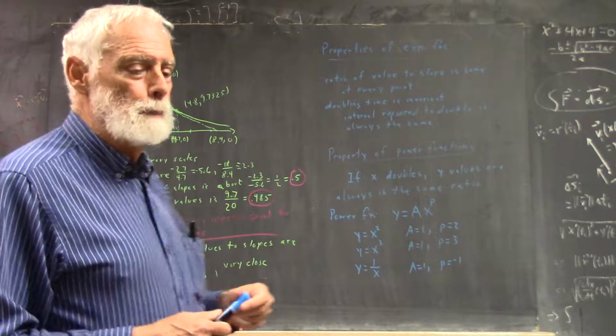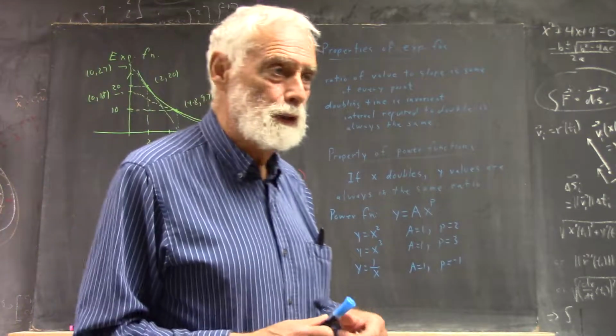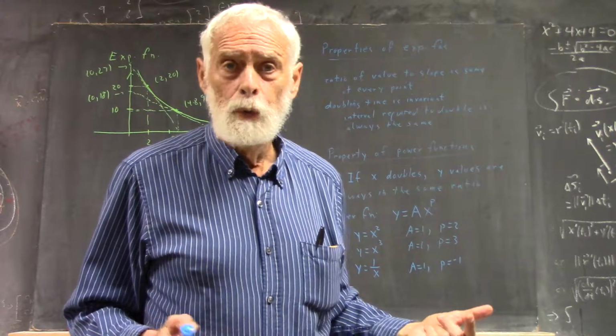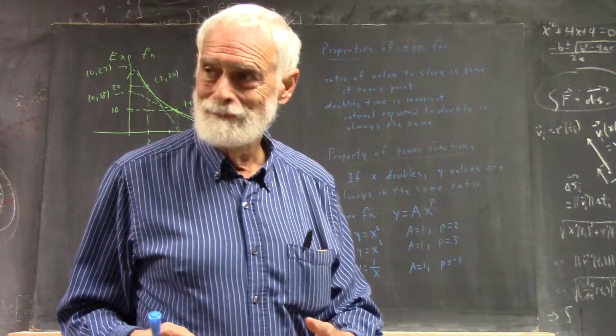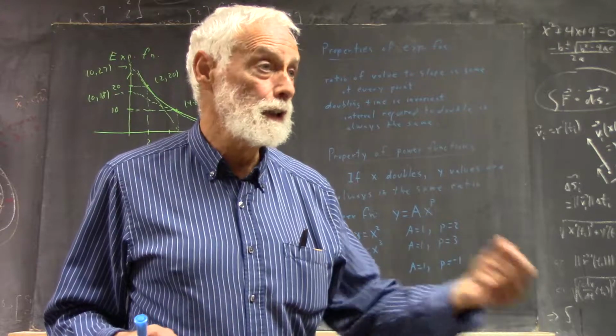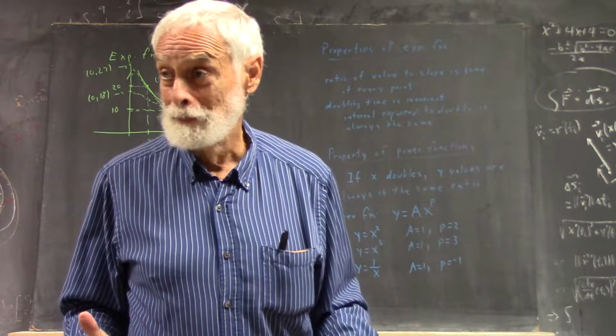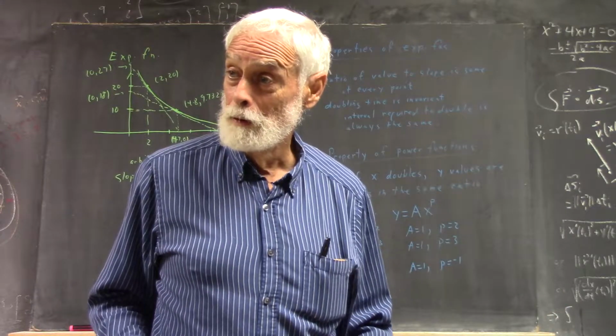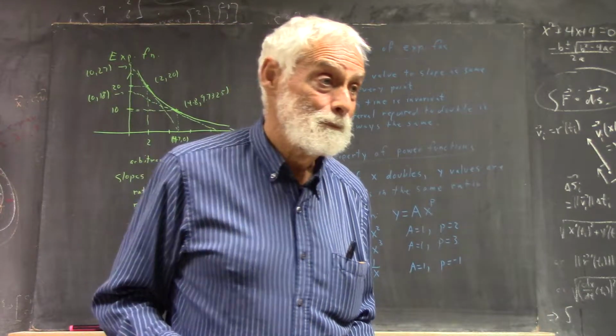So if you multiply x to the 1/2 by x to the 1/2, you get x to the 1, right? In other words, what number do you multiply by itself to get x? Square root of x. Square root's what you multiply by itself to get the number you're looking for, right? Okay?